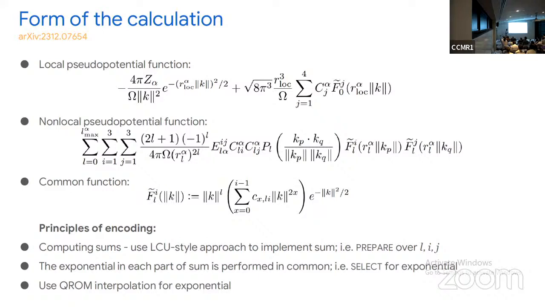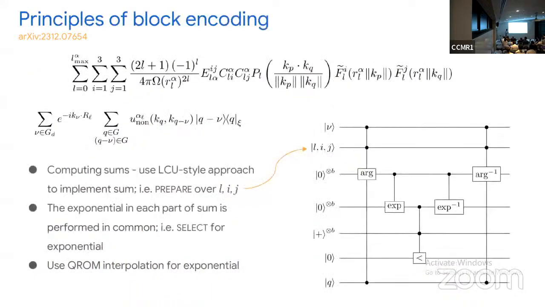So the idea there is that we have some control register that's prepared in a superposition over Li and J. That's in addition to the superposition over nu. So what this means is that we only need to do function evaluation using coherent arithmetic on the quantum processor.